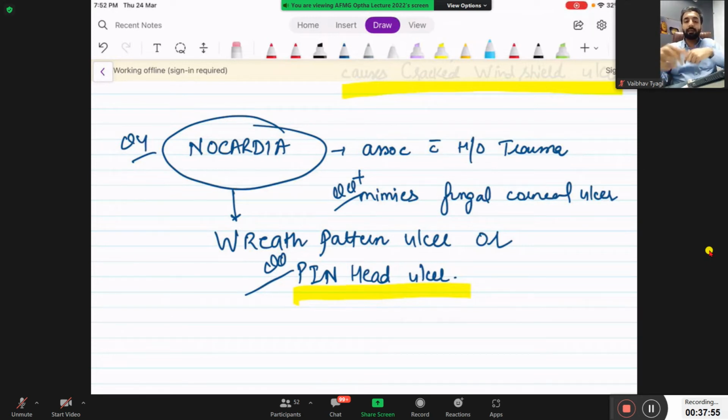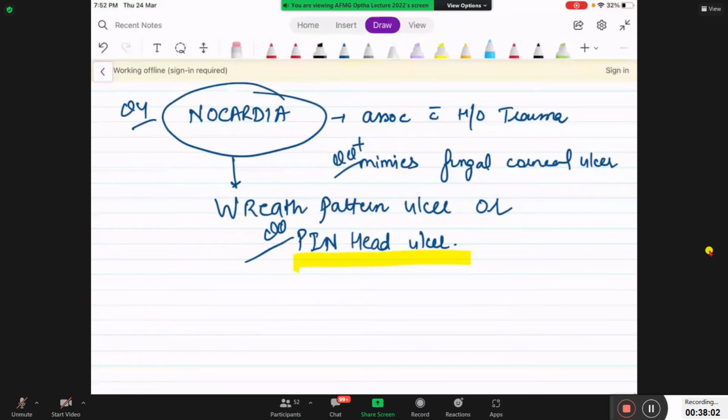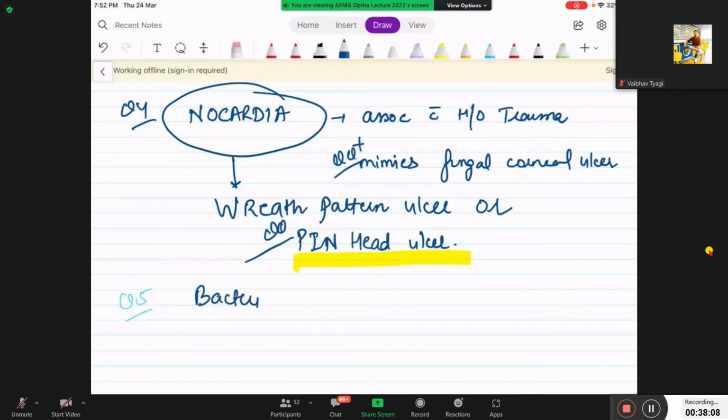That is why these become very, very important from your exam point of view. So write down the next question: the names of the bacteria which invade intact corneal epithelium.